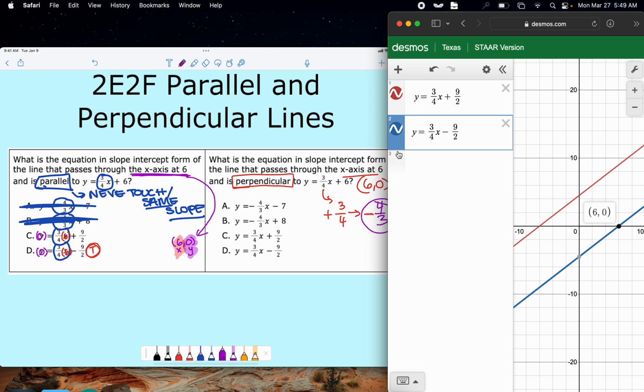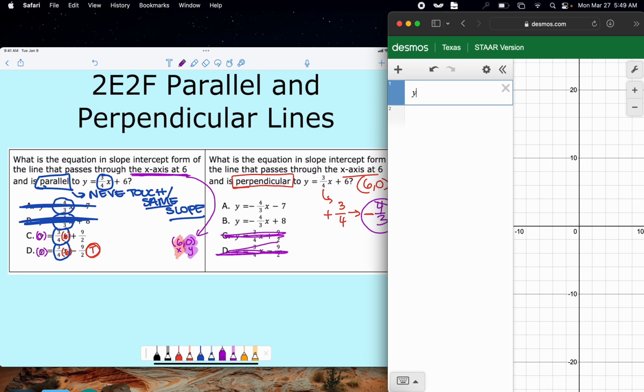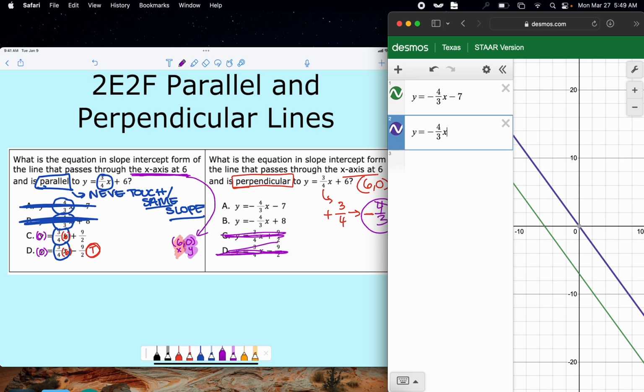We are looking for the slope, so we would eliminate C and D. Now, we're just going to type them into Desmos because that's a little bit easier. Y equals negative 4 divided by 3x. And I want to see which one goes through 6, 0. Again, you can do this with true and false. It's whatever you feel most comfortable with. Whatever you think is easiest, and the only one that touches is answer choice B.